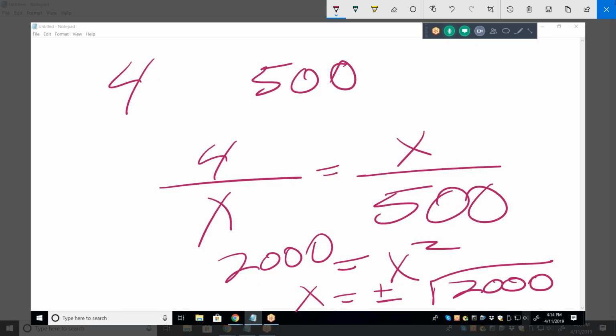What's the square root of 2,000? Now 100 squared is 10,000. So that's not an easy number, right? You can break it down a little bit: take out a 10 and cross off 2 of the zeros. So this is the same as 10 times the square root of 20, which is the same as, we don't need to worry about simplifying it.